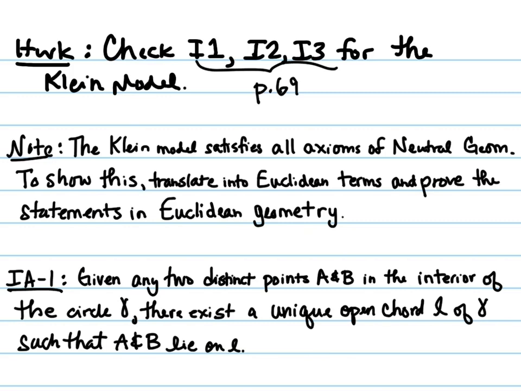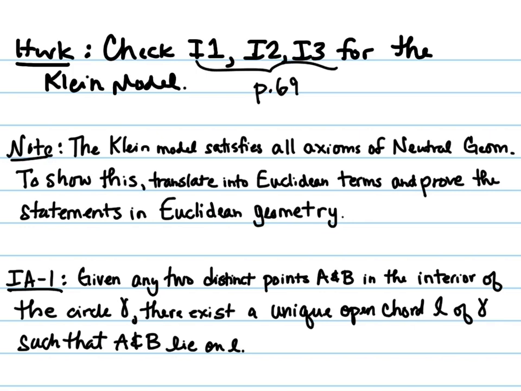So what I would like for you to do is to prove all three of these incidence axioms. This is the first one, but you get this one for free because your book already proves it. I'd still like for you to write it down, not word for word, but change it into words that sound more natural to you, because that's how it is anytime we write something down. That way you have all three of the incidence axioms proved on the same document.